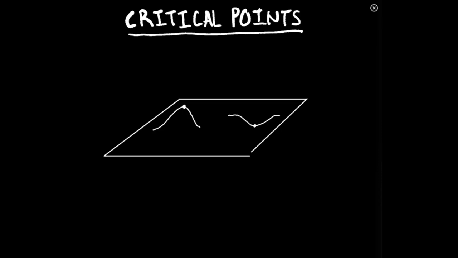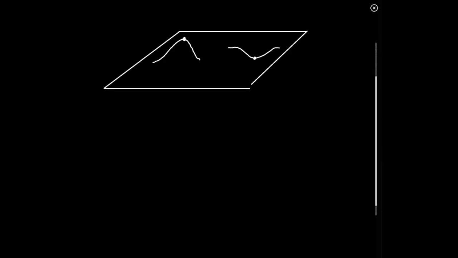saddle point. Now, the best way I find to think of a saddle point is like a Pringles chip. So we've got our chip here, and we travel across it this way, and we make kind of an arc, right? And you've got your maximum right there.